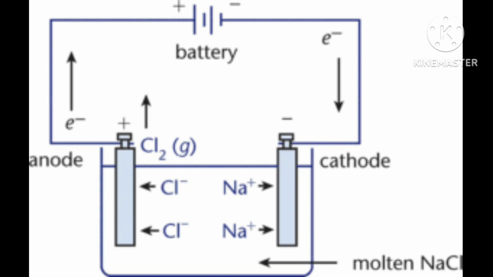At cathode hydrogen gas will form and at anode chlorine gas will form. If 2H+ is there, then 2H+ plus 2 electrons gives complete H2 gas. Now you have understood that in aqueous solution, sodium metal you are not getting. You are getting chlorine gas at anode, hydrogen gas at cathode, and NaOH in solution you will find.